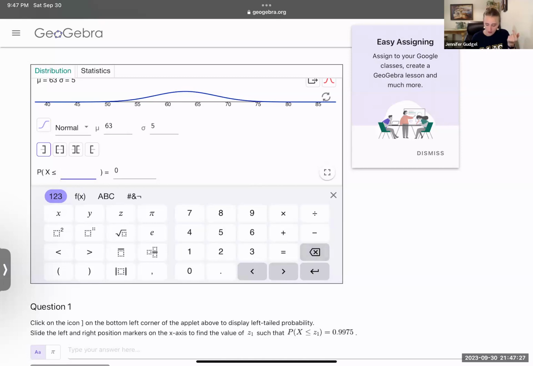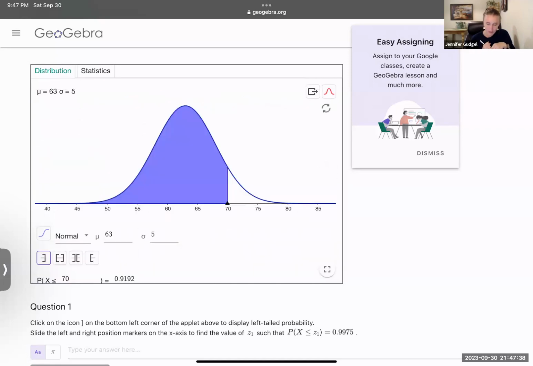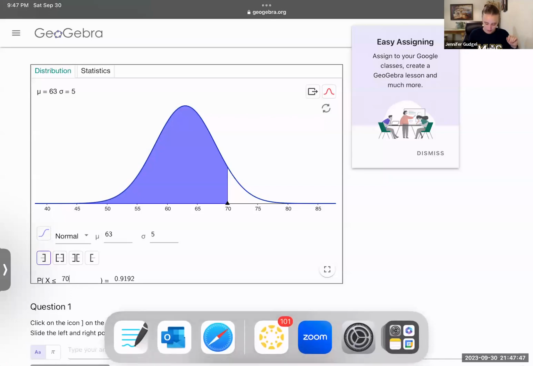Filled that in. I want to say X is less than, and here it says less than or equal to, but again, that is the same thing in the continuous world, less than 70. As soon as I put that in, the picture has 70 marked, shaded to the left, and it auto-populated that probability there of 0.9192.